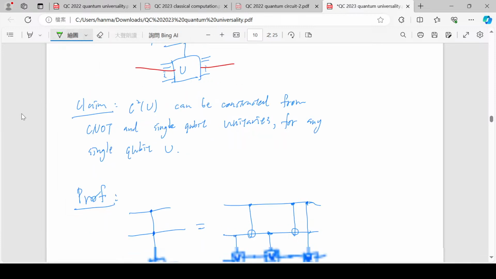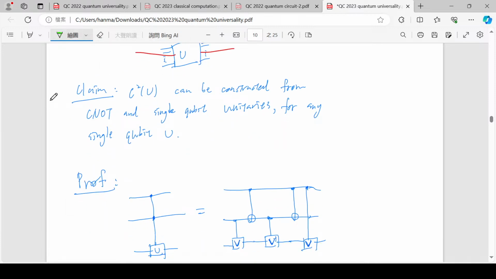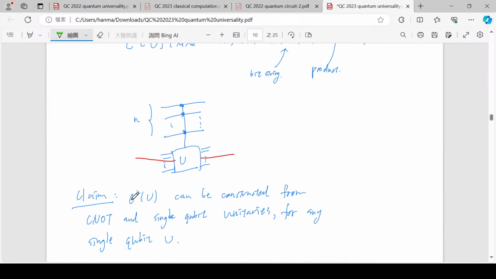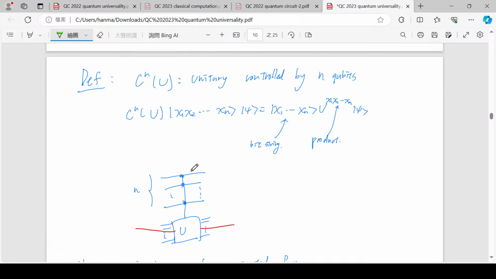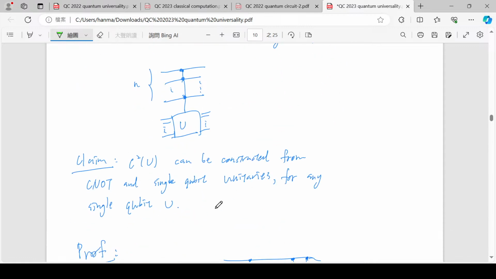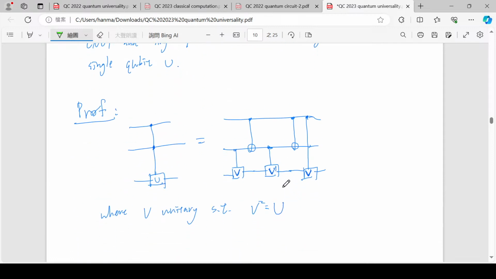And we say that this can also be constructed from the same set: CNOT and any single-qubit unitary. So for any single-qubit U. I guess this is a little confusing. The definition we define is that U can act on any number of qubits, but for the claim here, we restrict U to be single-qubit. So that's okay.